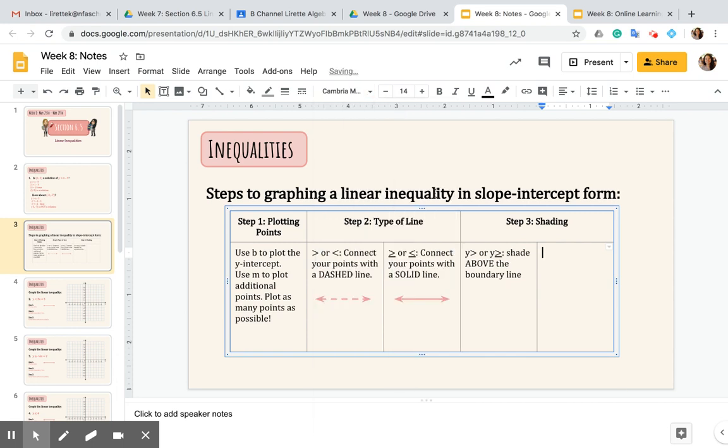If you have y is less than, or y is less than or equal to, some sort of less than symbol, you're going to shade below the boundary line, okay? So some of this might not make sense right now until I start graphing them.